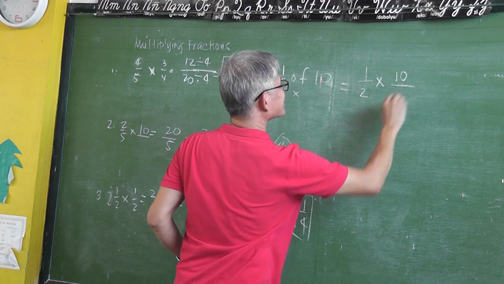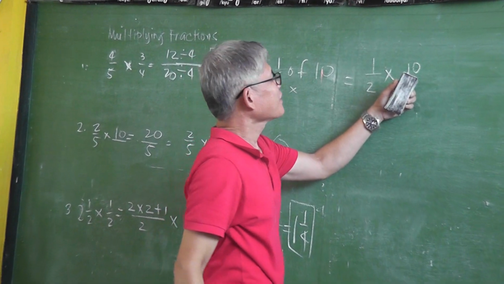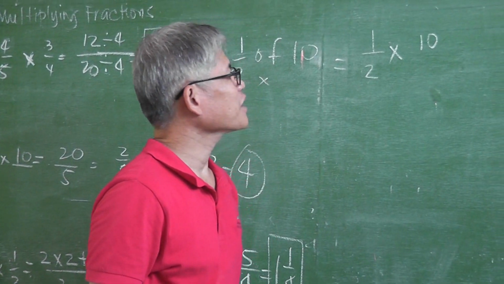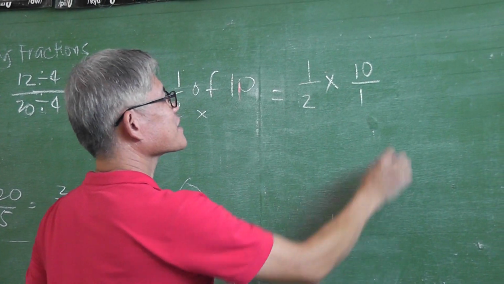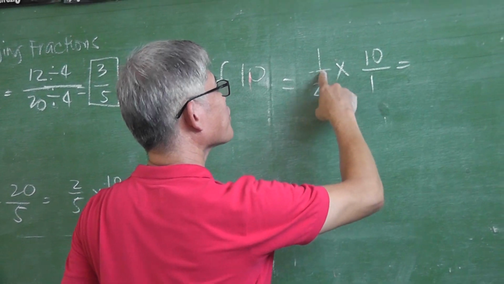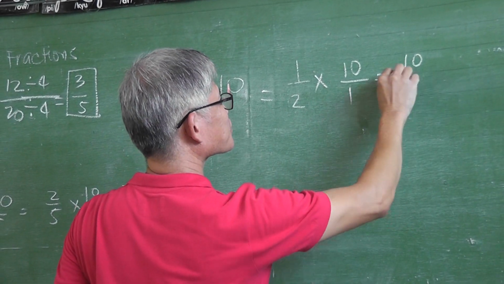If it is a whole number, it means the denominator is 1. So we're going to multiply 1 times 10 and 2 times 1 is 2.